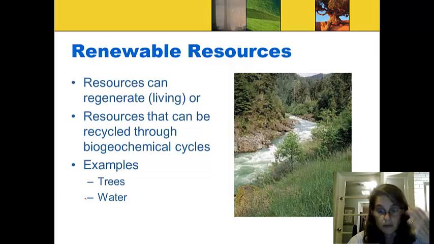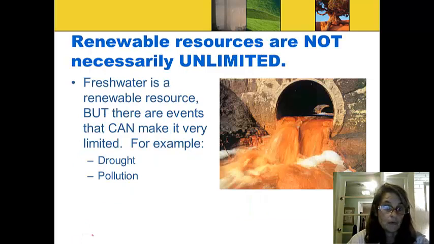They are often from living things, or they at least cycle through living things through biogeochemical processes, like water, various nutrients, trees, things like that. Wind and sun are all renewable resources, things that as long as we manage them properly, we won't run out of. Which brings us to this slide.